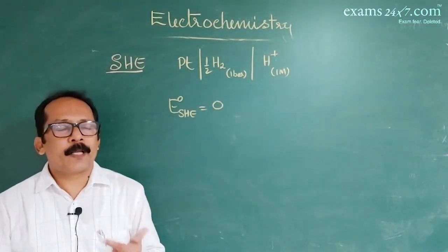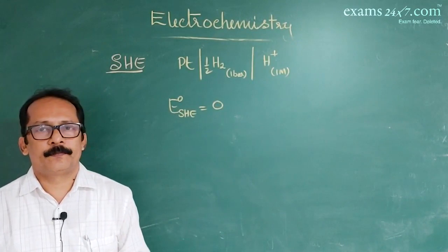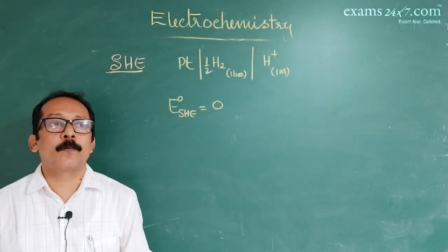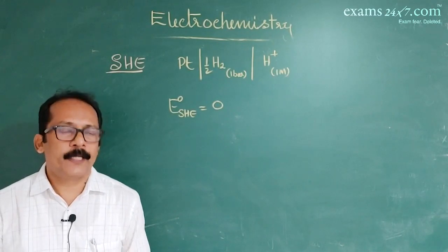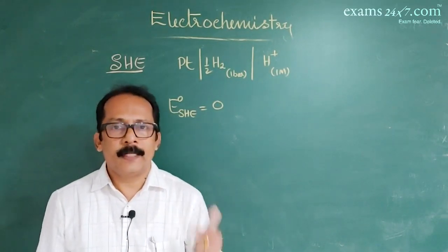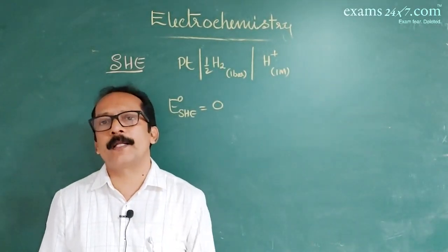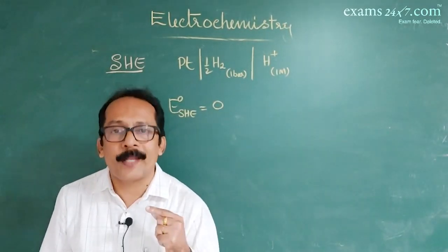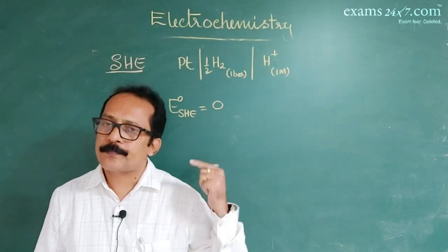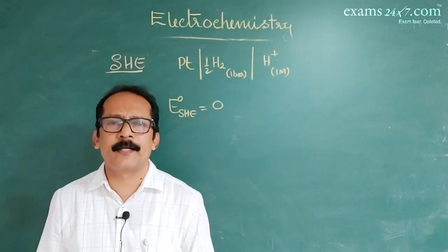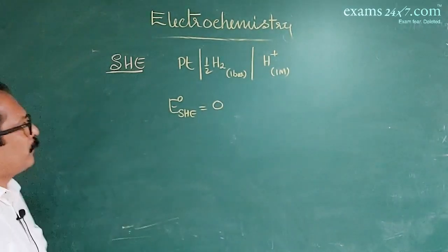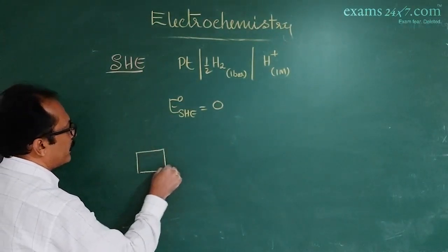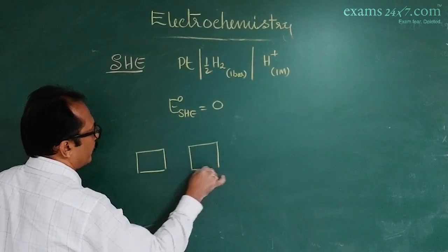Similarly, when the experimental electrode is less reactive and has more reduction potential, it acts as a cathode. In that case, the standard hydrogen electrode acts as the anode. So, in order to calculate the electrode potential of this cell, the standard hydrogen electrode is used. Now, for example, when the standard hydrogen electrode is coupled with a zinc electrode.